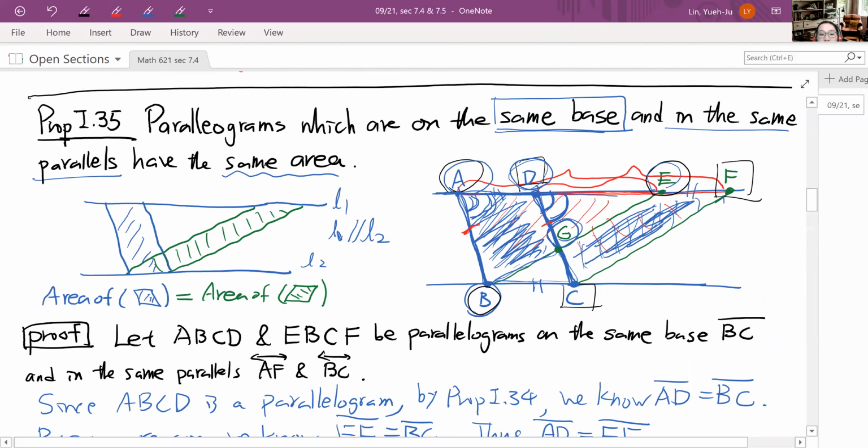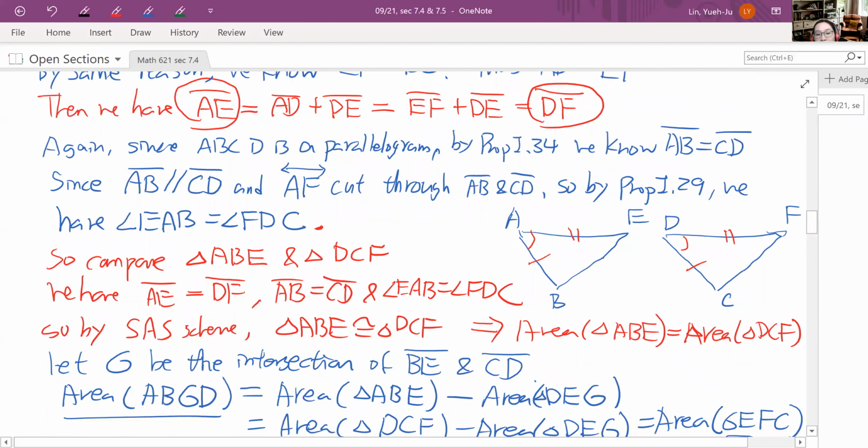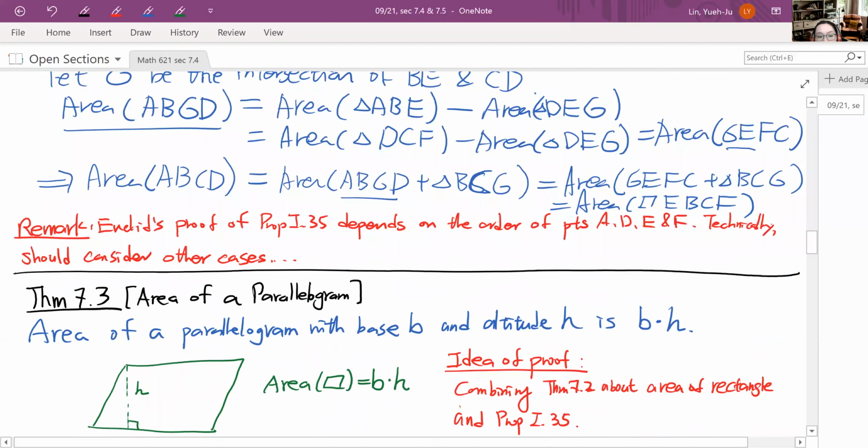Unfortunately, if I want to be super rigorous, as I wrote in the remark, the proof of this theorem actually depends on the order of the points A, D, E, F. So technically I should consider other cases, for example a different picture where D may not lie between A and E anymore. I only proved one case.